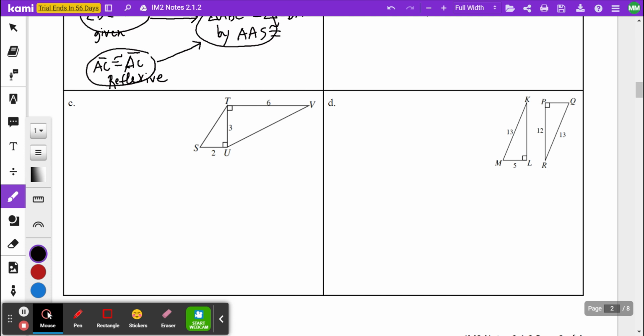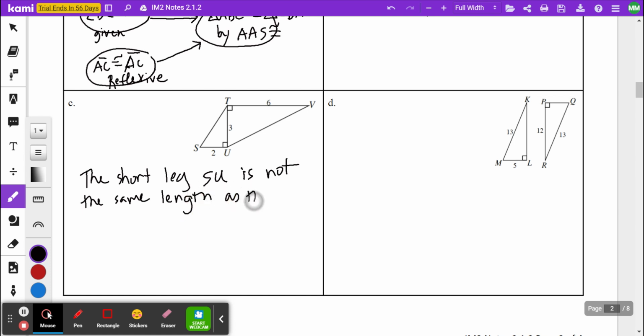So I know that the short leg SU is not the same length as the short leg TU.